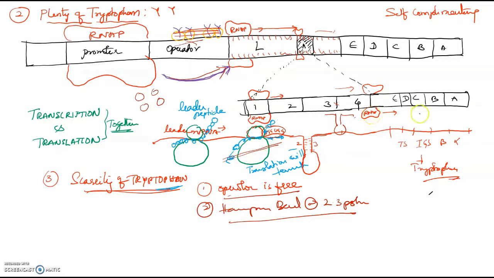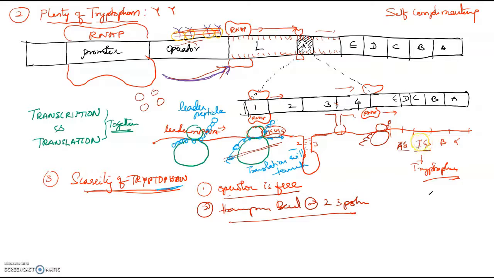What happens is RNA polymerase will synthesize this further. Another ribosome will come here and these ribosomes will start synthesizing the proteins. What are those proteins? Tryptophan synthase and indole glycerol synthase, and one more was anthranilate. Sorry, this is anthranilate synthase.